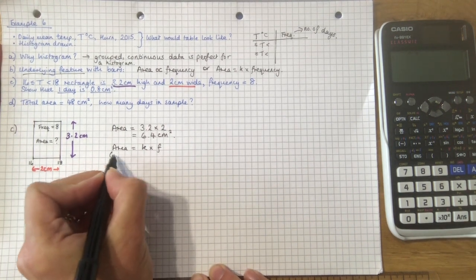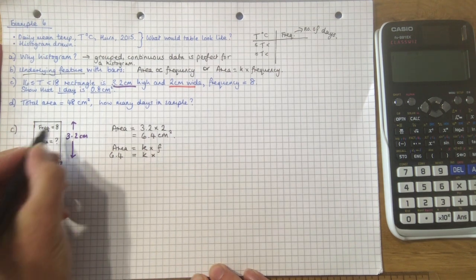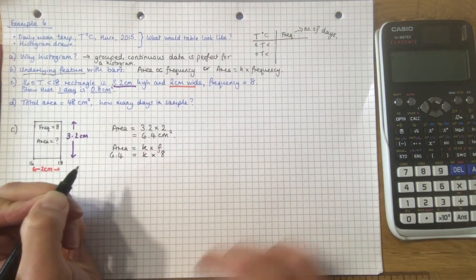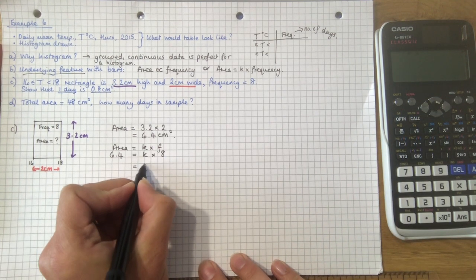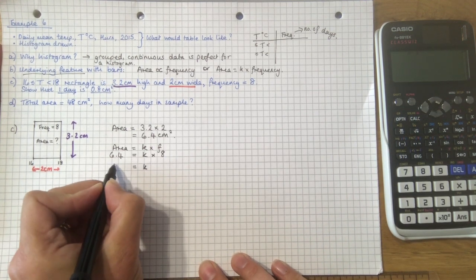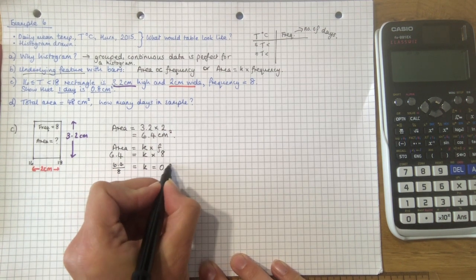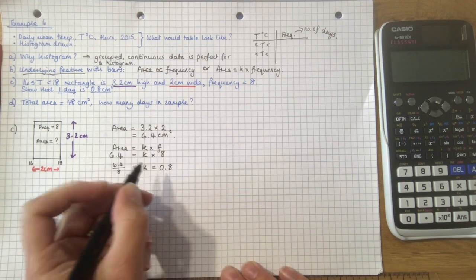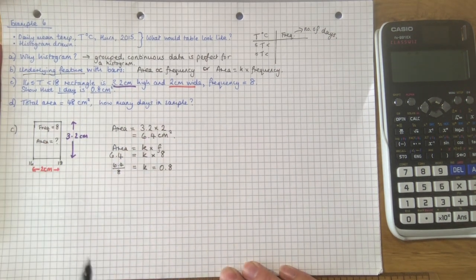So the area of 6.4 is equal to K times the frequency of 8 for that bar. Now that means we could work out the scale factor for this whole histogram, because the scale factor is going to be 6.4 divided by 8, and that's 0.8. Now that's interesting because that is something that we were asked to show. We were asked to show that one day is 0.8 centimetres squared.